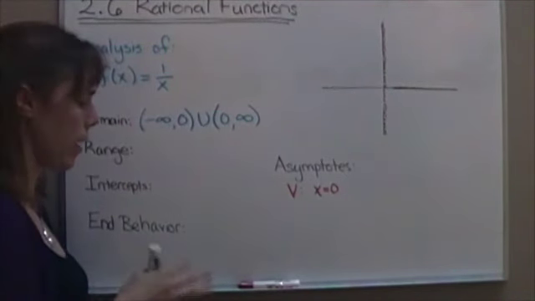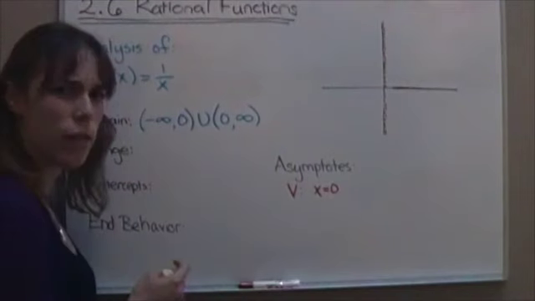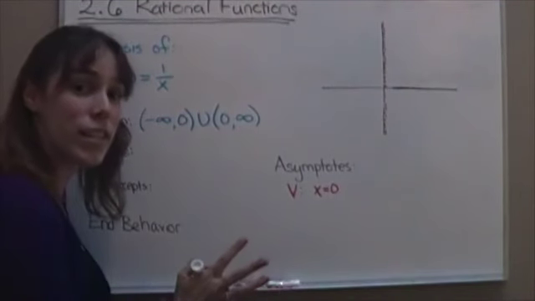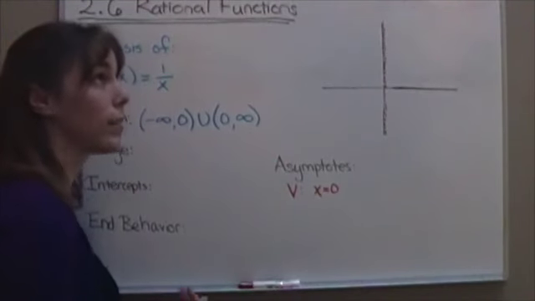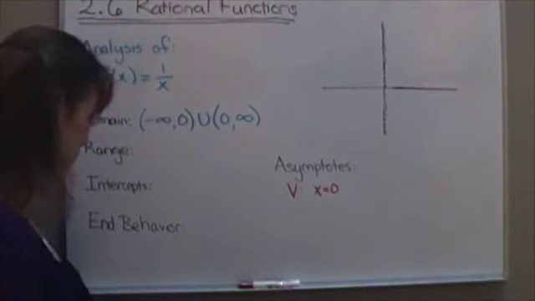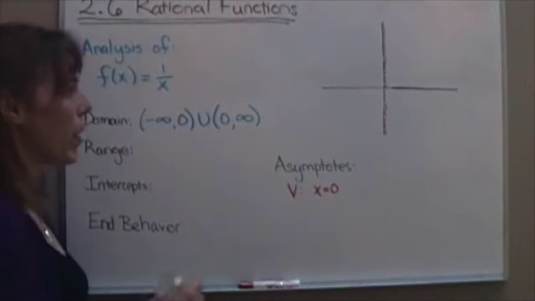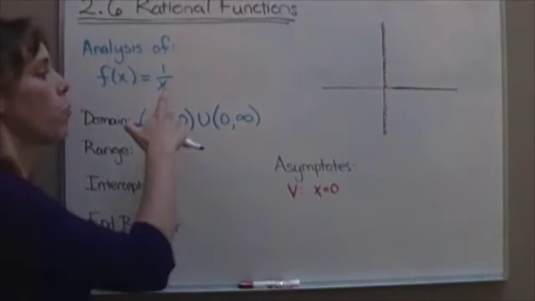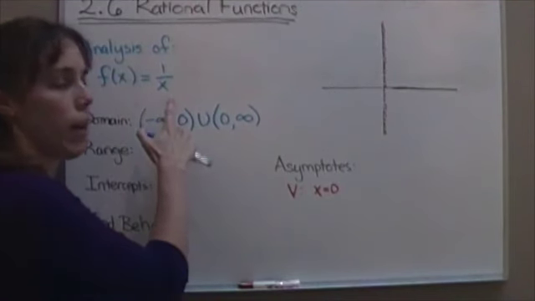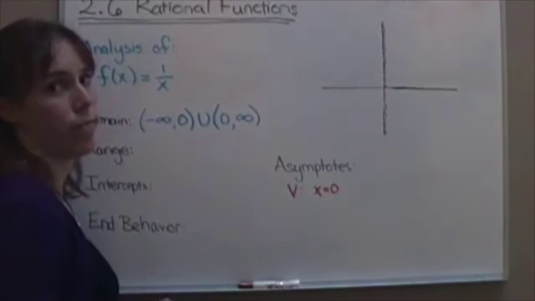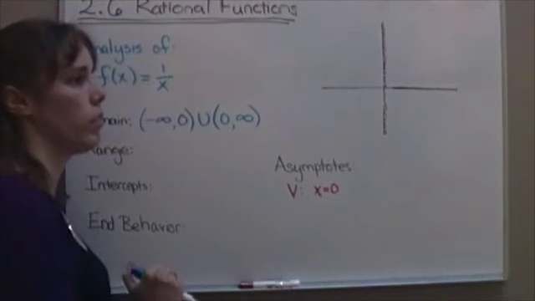Let's worry about the x's for a little bit. Let's look at end behavior, because I'm not sure about range necessarily if I haven't looked at a calculator. End behavior. So if I plug in a really big x value, like 100, 1 over 100.